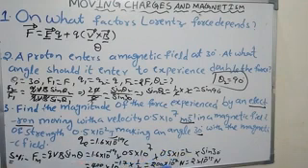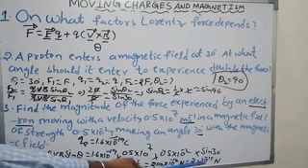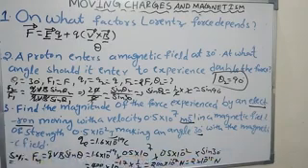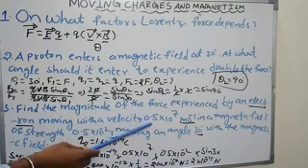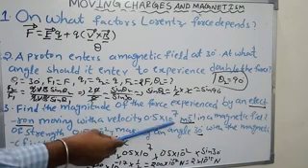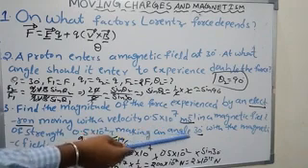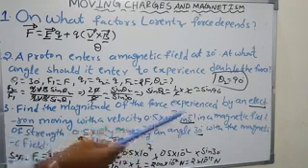Simplify it, you will get 2 into 10 power minus 17 or else 2 into 10 power minus 15 Newton. This much force is experienced by the electron in this magnetic field, which is moving with velocity how much? 0.5 into 10 power 7 meter per second. And what is the angle between the velocity of the charged particle and magnetic field? 30 degree.